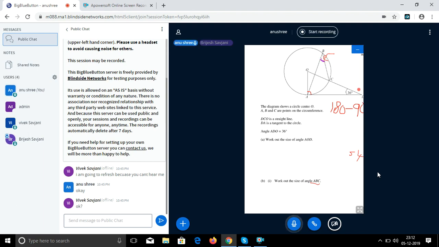Is the purple one ABC, or is this one ABC? ABC is this one, right? The previous one that you have, the one with the arrow next to it. Yes, yes. This one is triangle, angle ABC. Okay. Yes, you are correct.